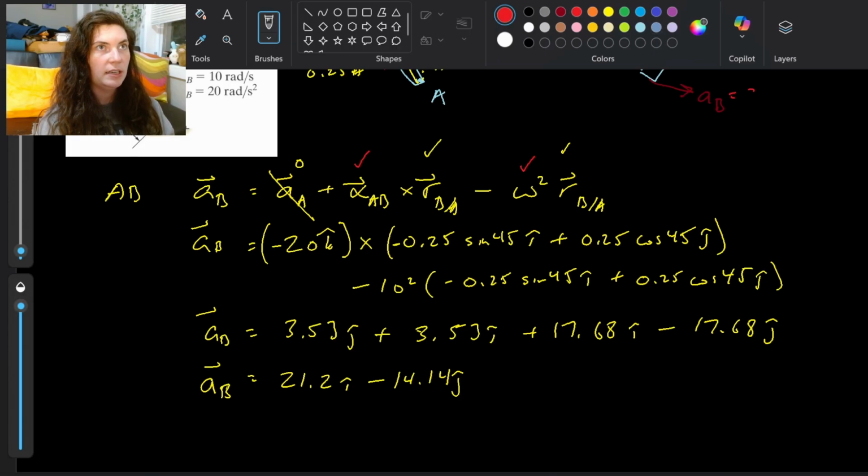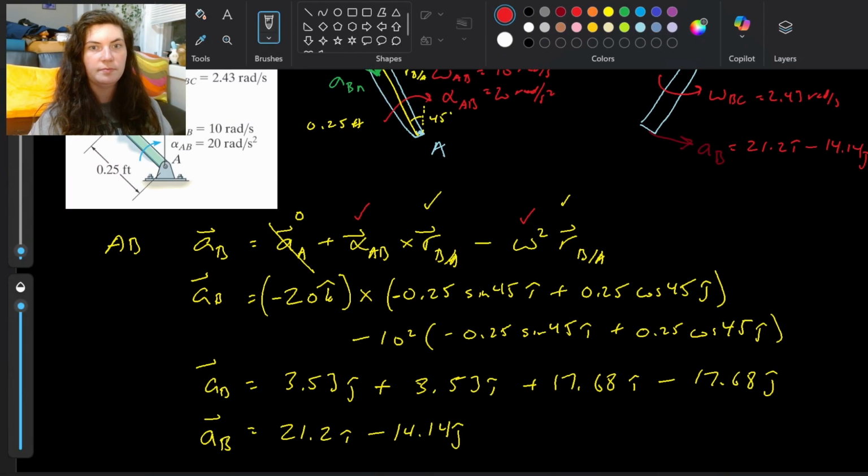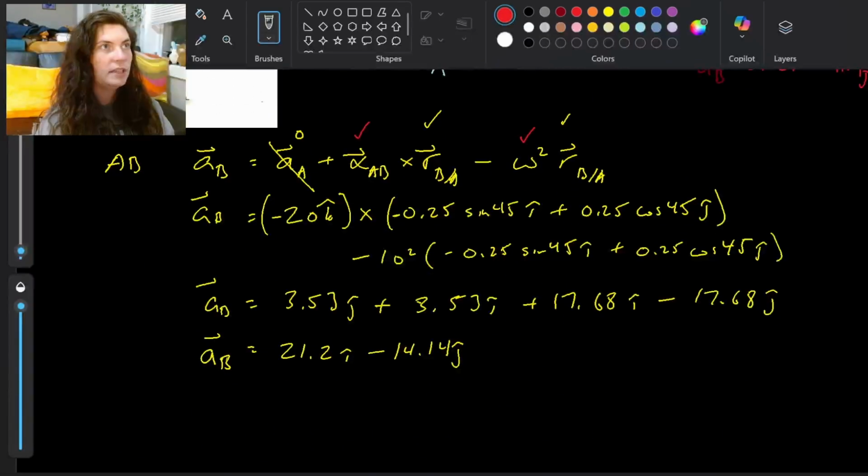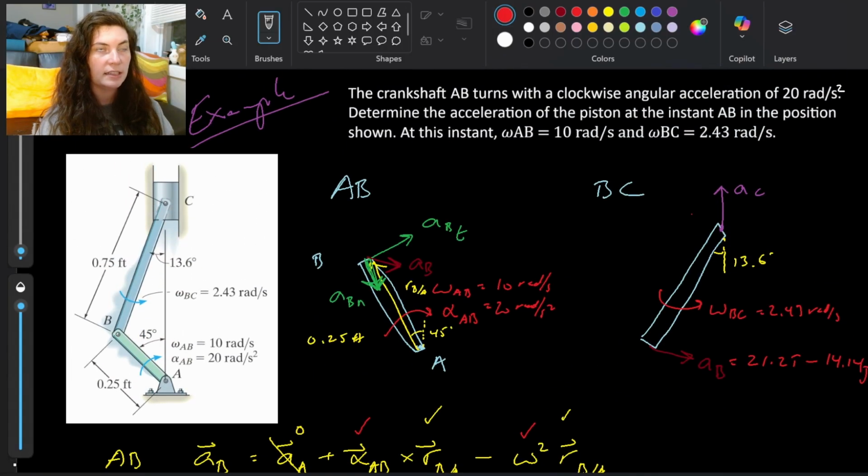Right, this AB is 21.2 i hat minus 14.14 j hat. So I did all of this work to find that so that I could find this acceleration of C. So I'm going to rinse and repeat, right? Just do this exact same process, but now for the BC section of the rod.